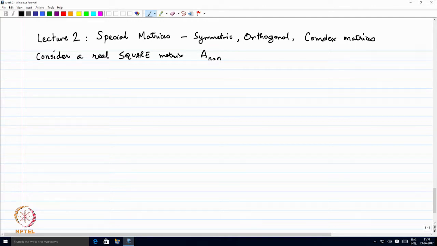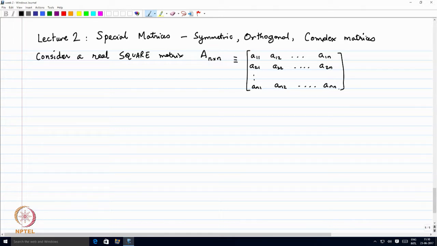Now, if you consider a real square matrix, and again we will use this notation that we are familiar with, A11, A12 up to A1n, A21, A22 up to A2n, An1, An2 up to Ann.